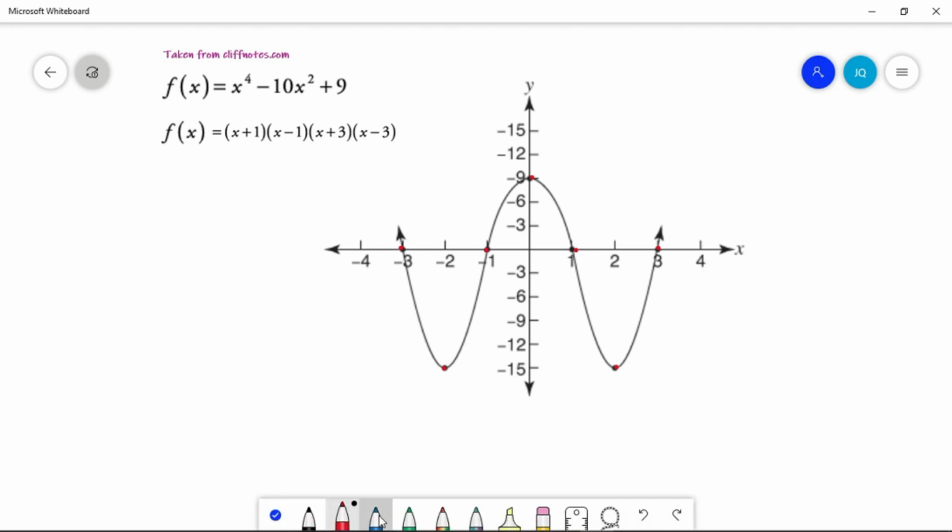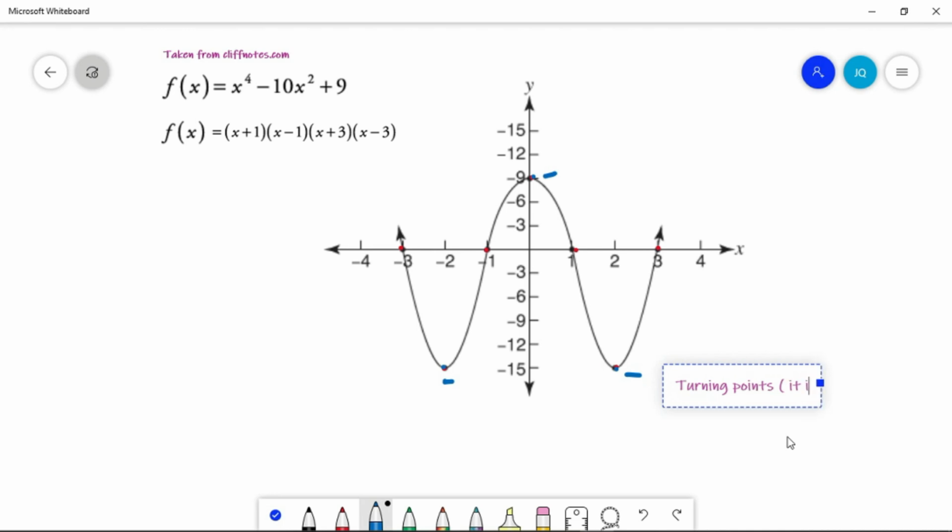So for this one, colored blue, these points are actually called turning points. Why are they called turning points?